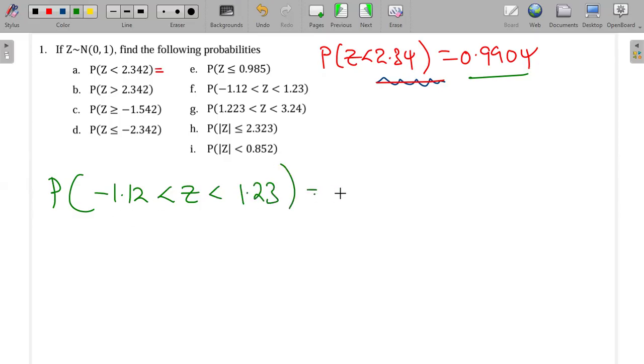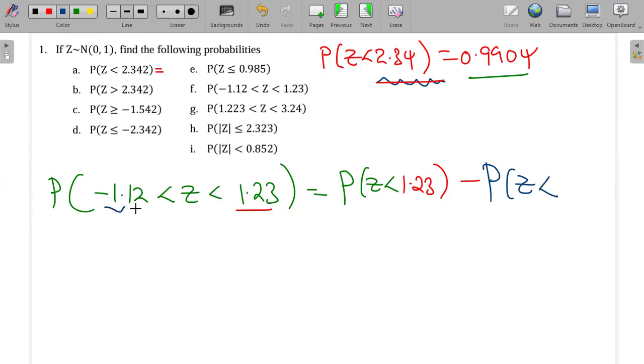This is the same as the probability that Z is less than 1.23, the number at the end, minus the probability that Z is less than the number in front, minus 1.12. These are already rounded off to 2 decimal places, so there will be no problem there.